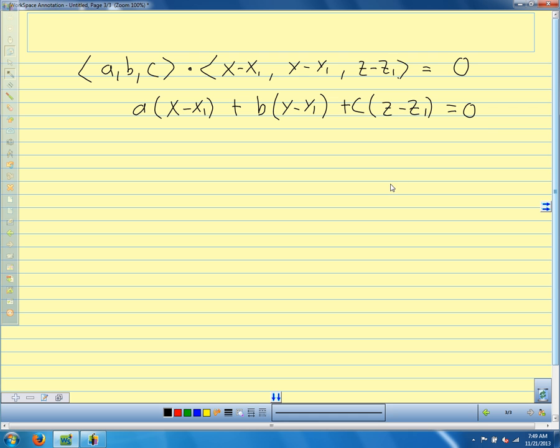This is our standard form for the equation of a plane. And in large part, this is the form of the equation that we're going to work with the most. Our normal vector is given by these components, and our point on our plane is x1, y1, z1.